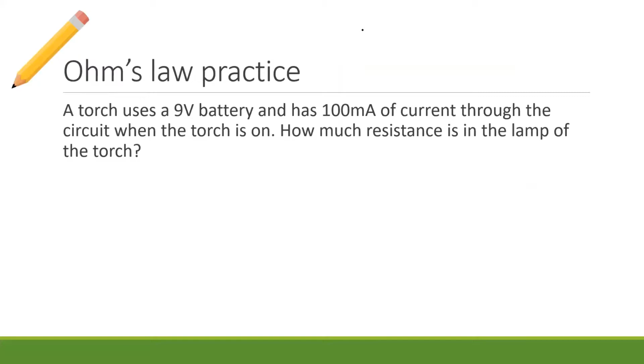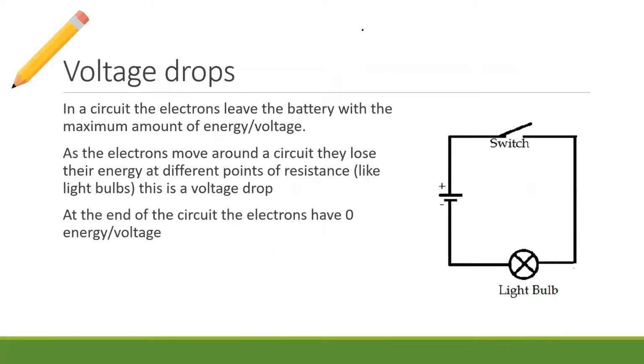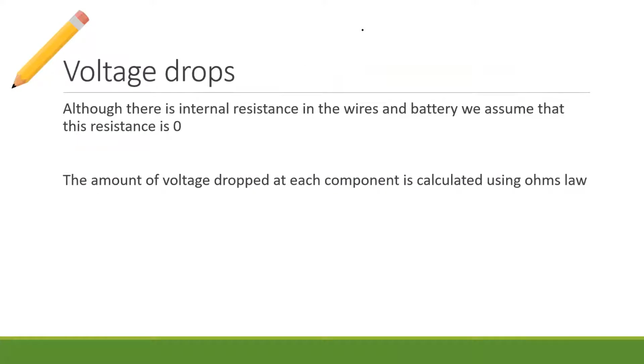So when we talk about wires, even though the electrons need to push through the wires, we're going to assume that they barely have any resistance. And we're going to assume that all the components follow Ohm's law, V equals IR.